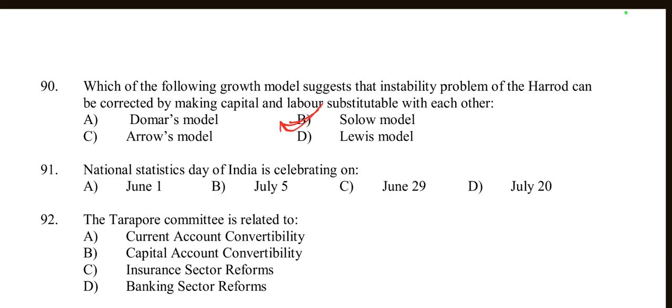In the Harrod-Domar model, there is no flexibility between capital and labor, leading to instability when growth rates of these factors are not aligned. The Solow model allows capital and labor to be substituted for each other, which helps the economy adjust to changes and achieve stable long-run growth. This flexibility resolves the rigidity and instability found in the Harrod-Domar framework. So it is the Solow model.